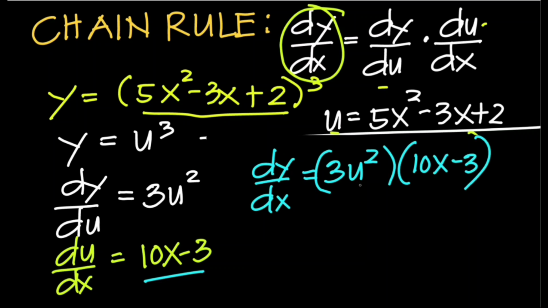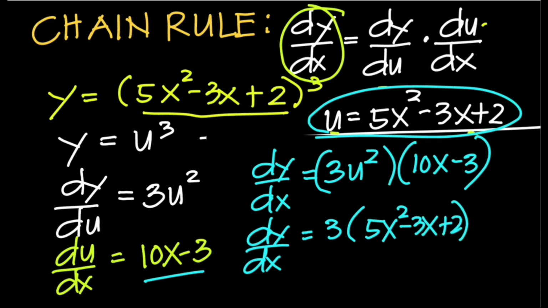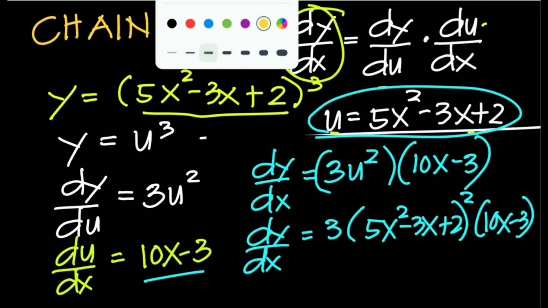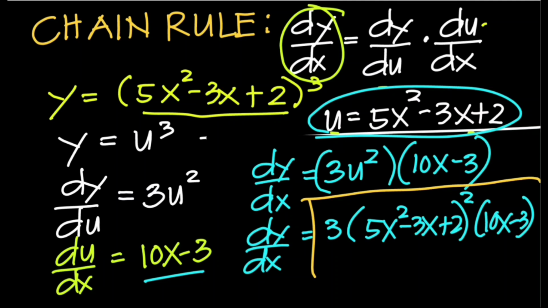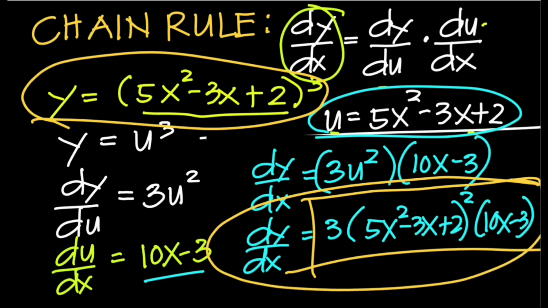And now we substitute back the value of u, which is this one. So dy over dx will just be equal to 3 times 5x squared minus 3x plus 2 squared times 10x minus 3. So now this is our final answer. So the derivative of this function is equal to this one.